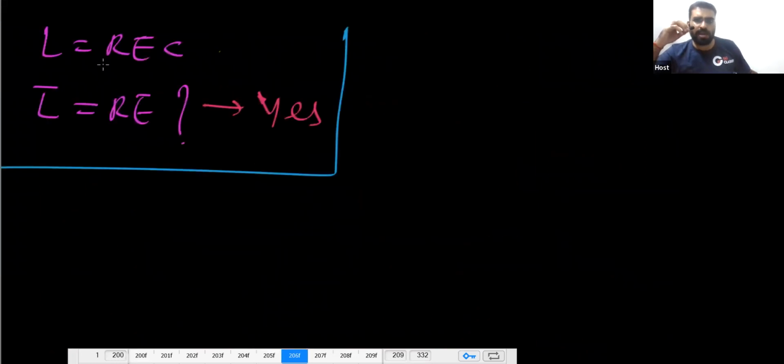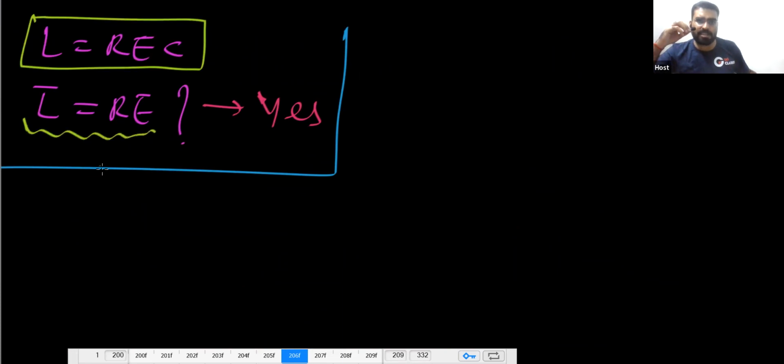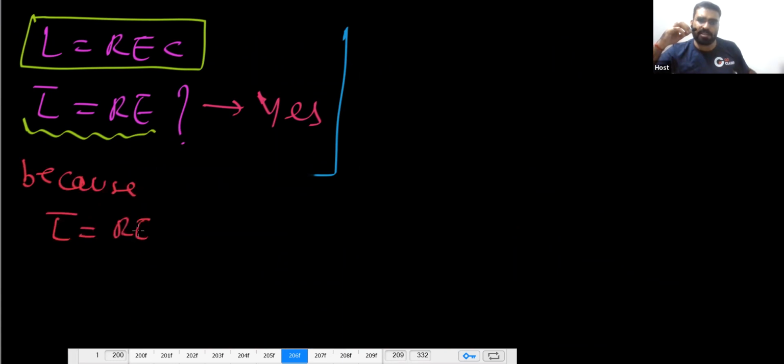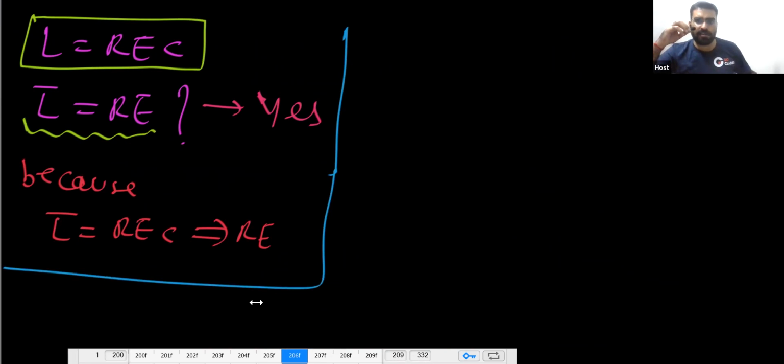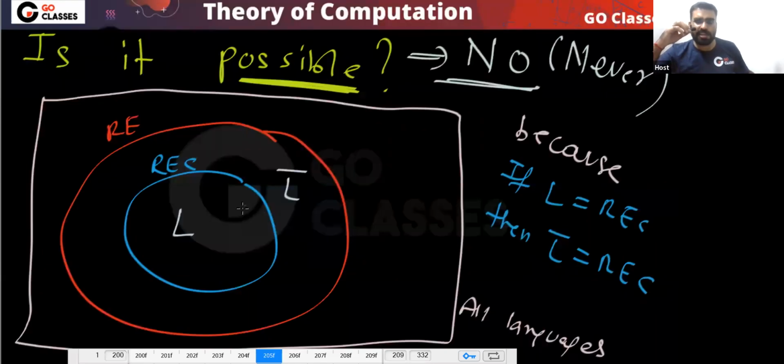Remember, if L is recursive, then L complement will be recursive because L complement is REC, and recursive is RE. So what is this diagram saying? It is saying that if L is recursive, then L complement is RE but not REC.